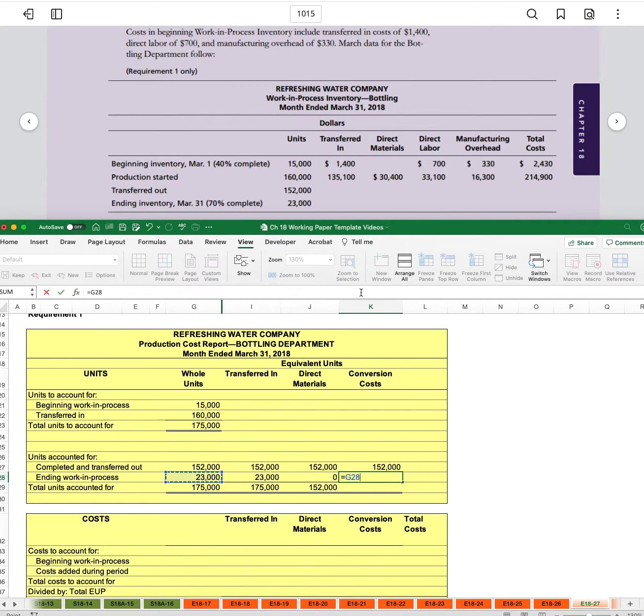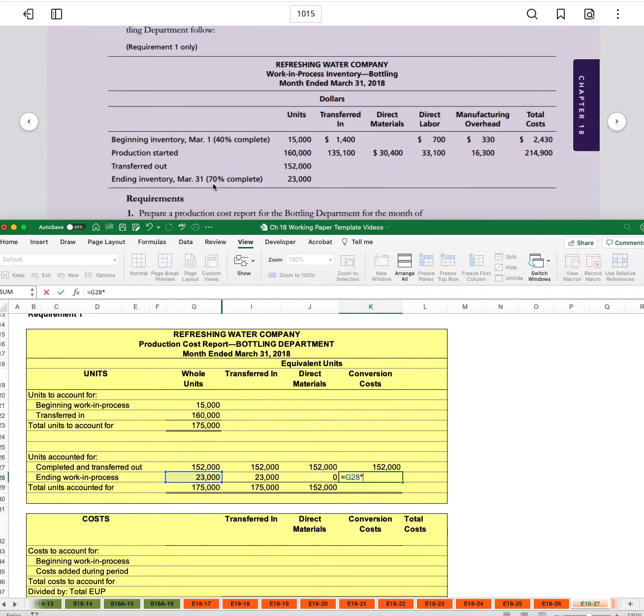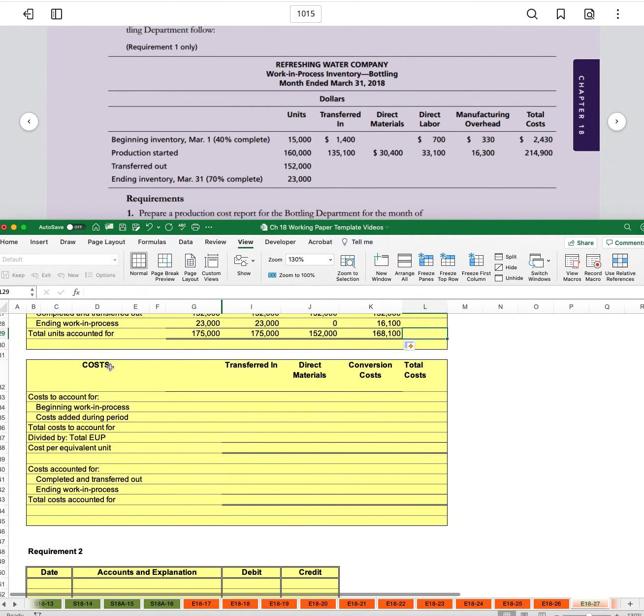For the ending WIP, we have 23,000 times, and it told us 70% complete, so times 0.7 for 16,100, and we will pull our sum function over for total units accounted for, conversion costs 168,100. So now we can come down to the costs portion of this production cost report.